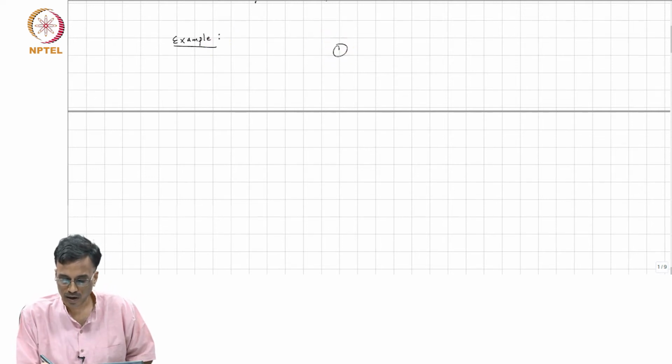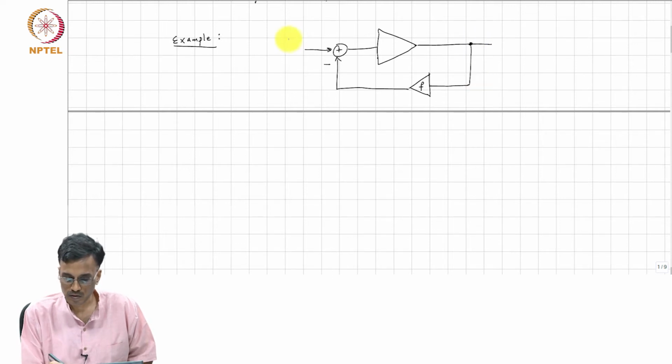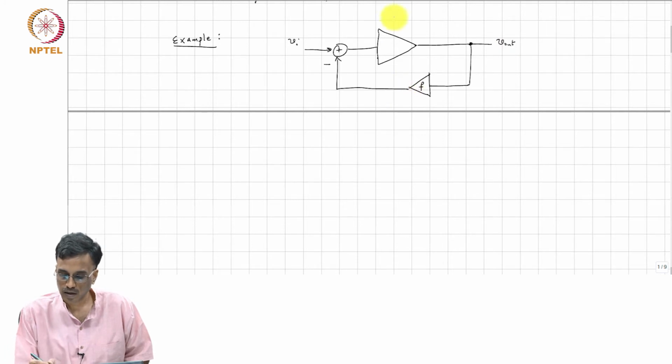So, we will take a block diagram representation of a feedback system. So, this is V I, this is V out, and this is the error, and this is some function of the error.